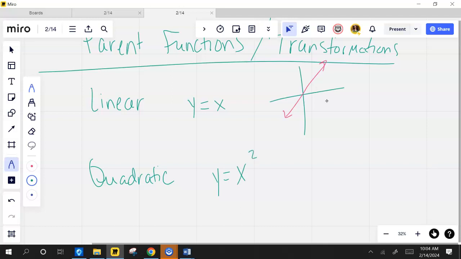It's just y equals x squared. So it's just a parabola centered at 0, so it just looks like that. That's what the parent graph looks like.